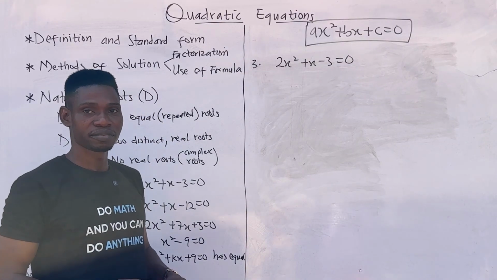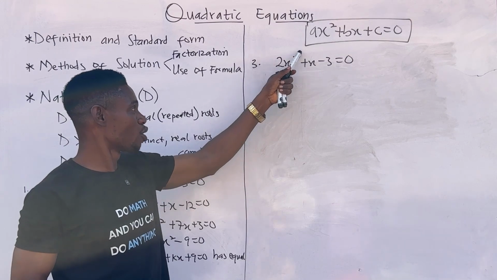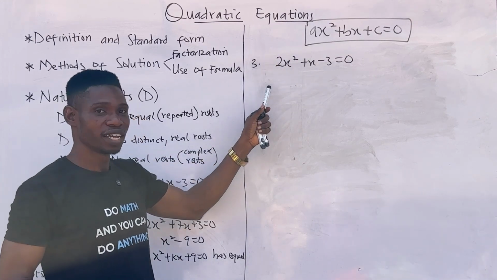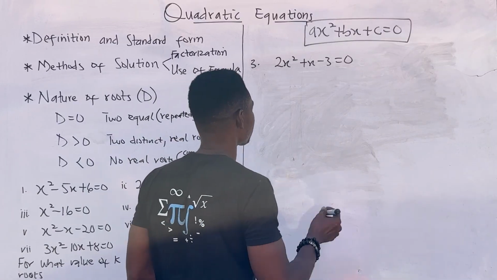Okay, so let's solve this one. Now, the coefficient of x squared, the leading coefficient, is not 1, like the two examples we had done. So how do we solve this?